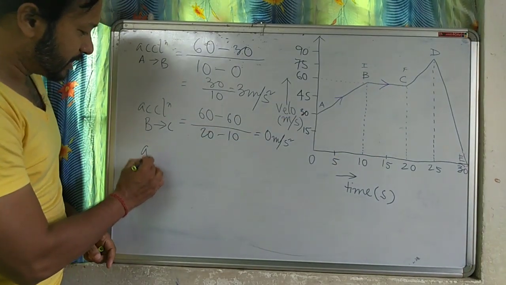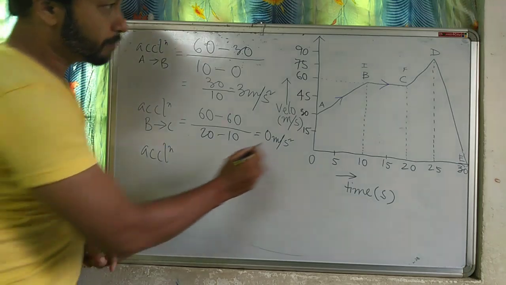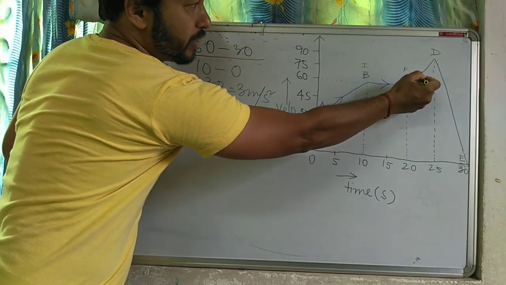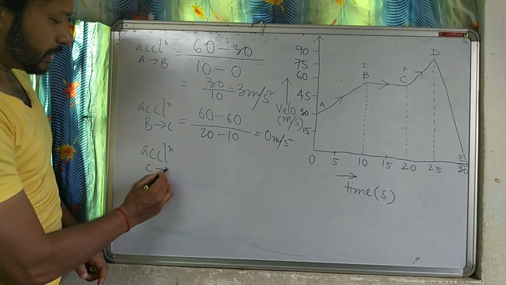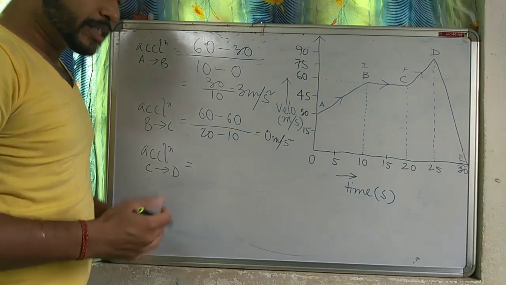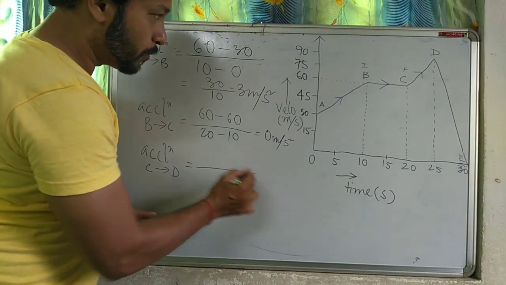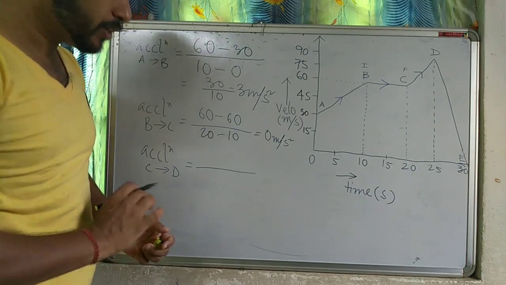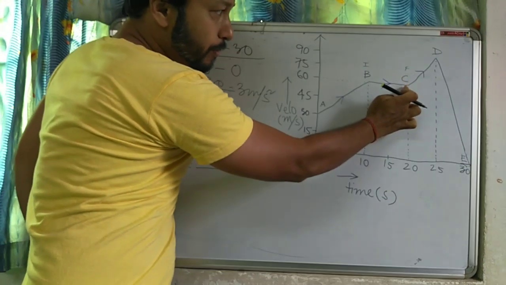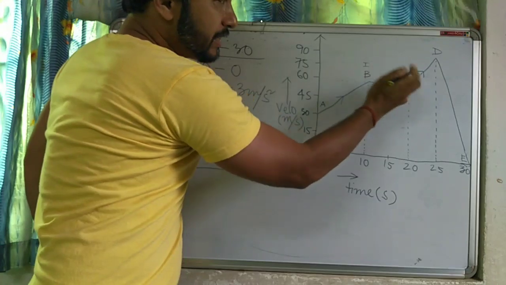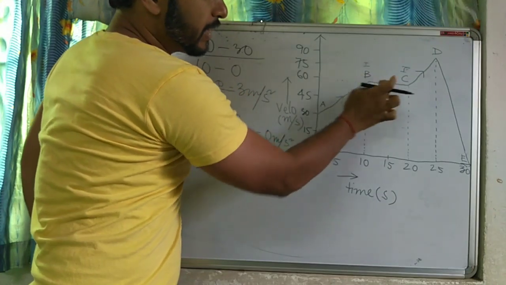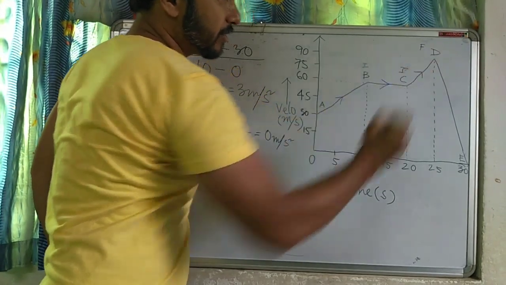Now, acceleration from C to D. Same formula. Which is the initial position and final position? When the object is moving from C to D, C is my initial and D is my final.